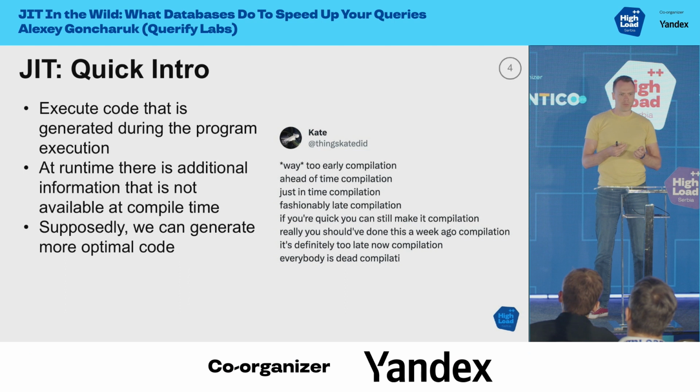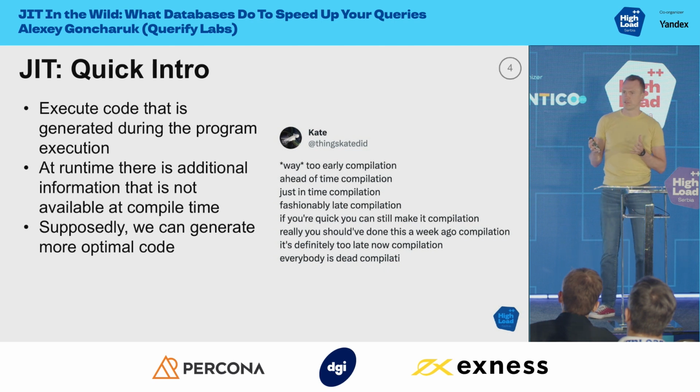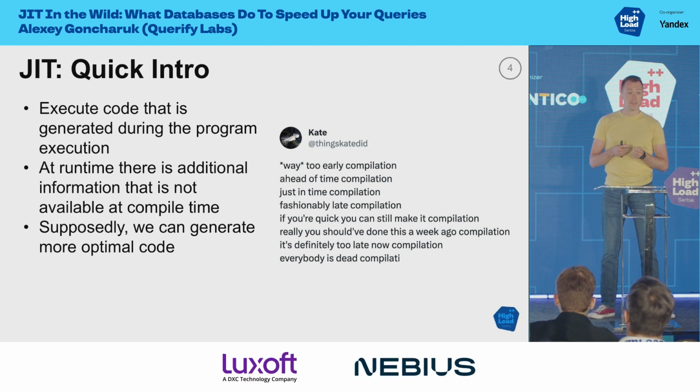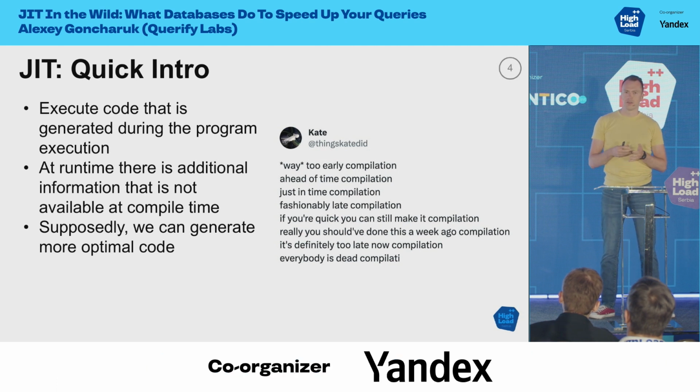When you launch the program, you already have this information, and the core idea of just-in-time compilation is to take this additional info on the program, for example, the information about types of the query that you run, information about code paths, and do some code specialization to make your code run faster. And as an idea, using this additional information, we can generate better code.